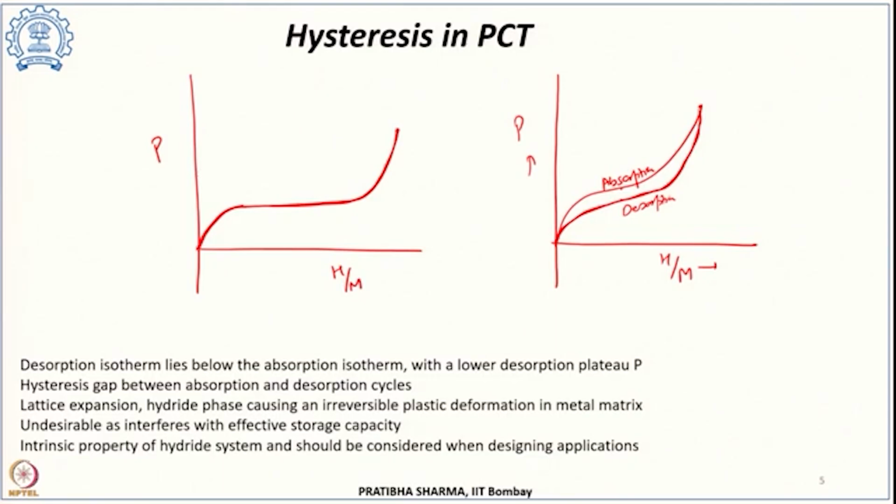The reason being, this interferes with the effective storage capacity. But this is not an error; this is an intrinsic property of the hydride system, and if we do this several times, this hysteresis will be observed every time.